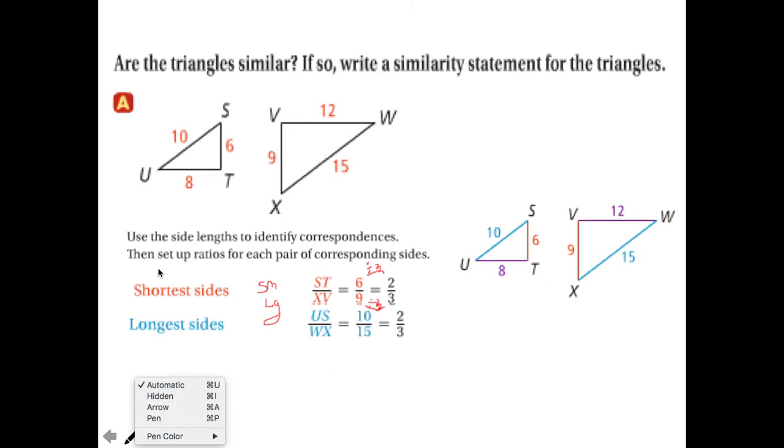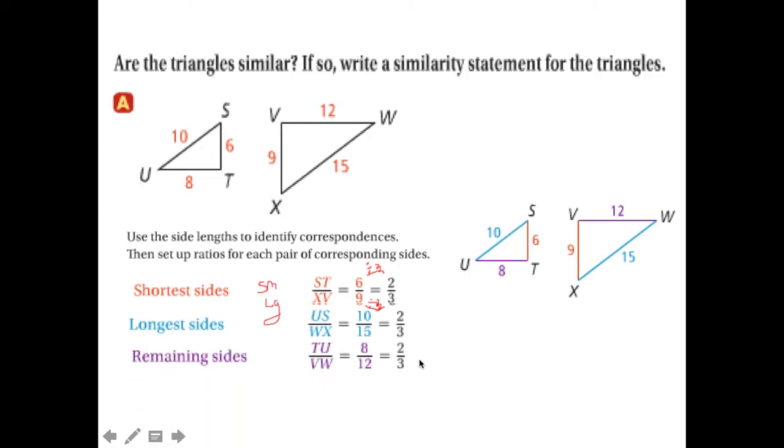And then the remaining side is 8/12. Again, they're doing the small measurement on top for the small triangle, and the larger measurement on bottom for the large triangle. For 8/12, it looks like they divided 4 out of both the numerator and the denominator, and so it reduced to 2/3.